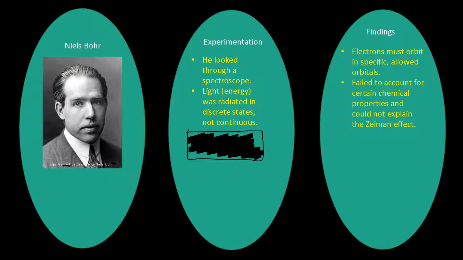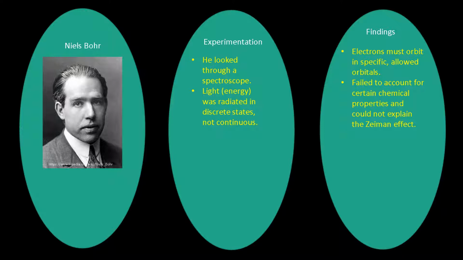This is the background of the spectroscope, and he would have seen a red line here, and maybe an orange line here, and then a yellow line here, a green line there. And this showed him that electrons must orbit in specific allowed orbitals.